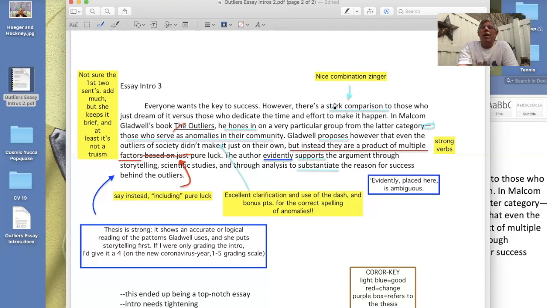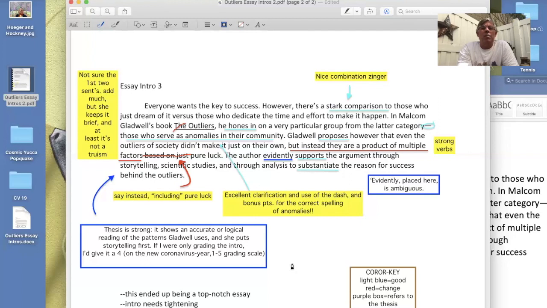Here we've got the adjective noun, and down here, if I like that choice of evidently, we got the adverb and verb. Maybe before storytelling, you also could use a little zinger, and just through strong storytelling, another word there as an adjective of what kind of storytelling.